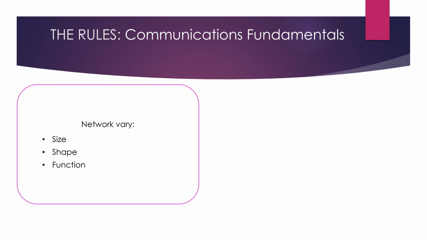Networks vary in size, shape, and function. A network can be as complex as devices connected across the internet, or as simple as two devices connected directly with each other with a single cable, or anything between.